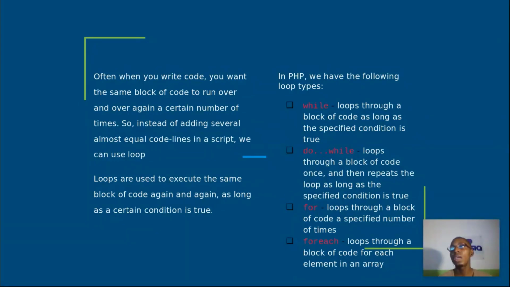And you have the foreach loop. It loops through a block of code for each element in an array. The foreach is the most used loop when we are talking about arrays in PHP. All right, so we are going to dive into this and see a brief of each of them to see how they are used.